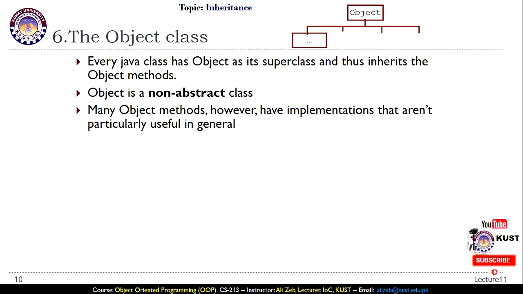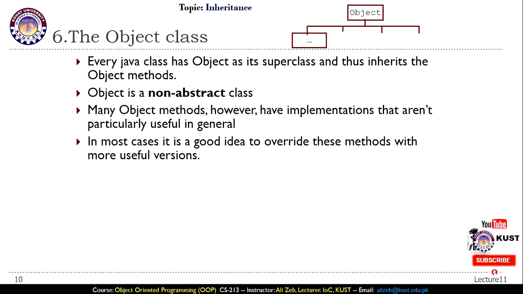So the object class is a complete class in itself, and it has its own methods, but maybe the implementations of those methods are not particularly useful for us, but we can inherit those methods, we can override those methods, and we can add something useful to those methods. And we have been doing that so far.